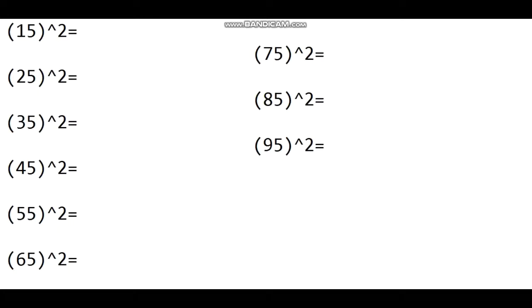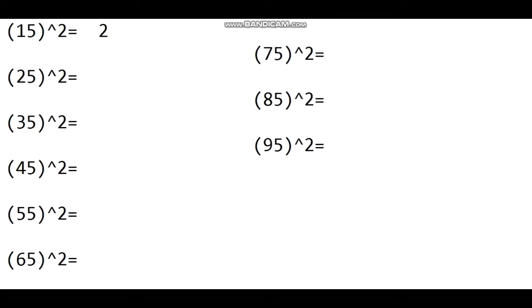Alright guys, so now I am going to teach you how you can do the square of two-digit numbers that end in 5. So from here we have 15. Firstly I want to write the square of 5.